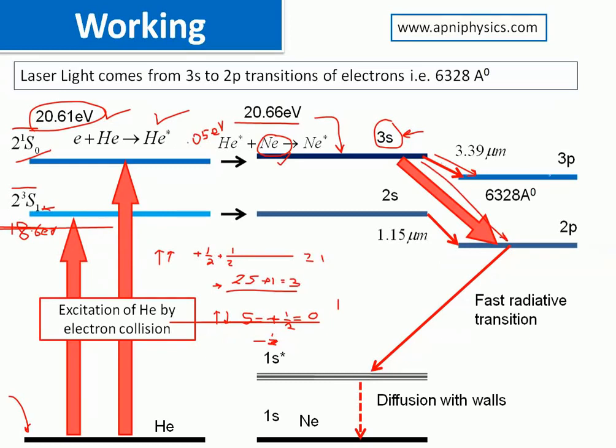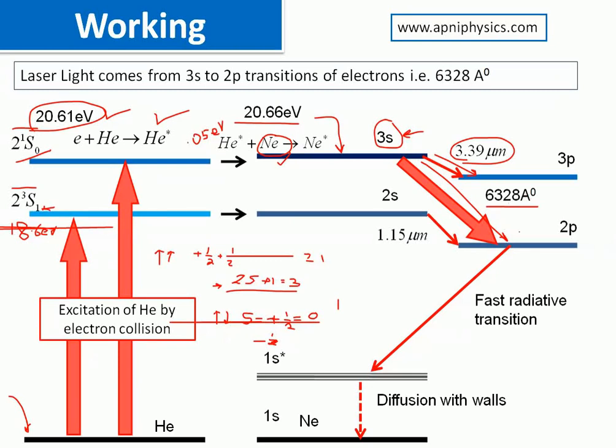This 3p is near about to the 3s, and the wavelength which we observe from the transition of the electron between these two states, in terms of the photon, is 3.39 micrometer, in the range of infrared radiation. The second is the transition between 3s and 2p, which is basically 6328 angstrom, and this is the laser light.